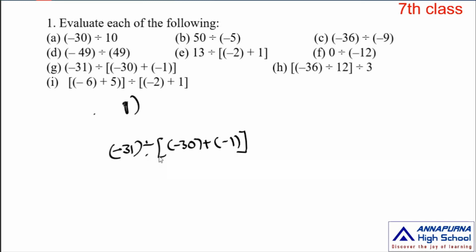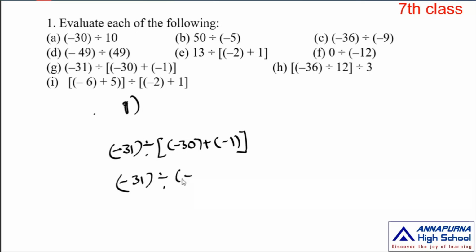So let me do the G bit. Minus 31 divided by (minus 30 plus minus 1). This is the addition of two negative integers, whereas in the E bit, it was the addition of a negative and a positive. In that case we get either positive or negative, but here we will get negative only. The sum of two negative integers is negative only.